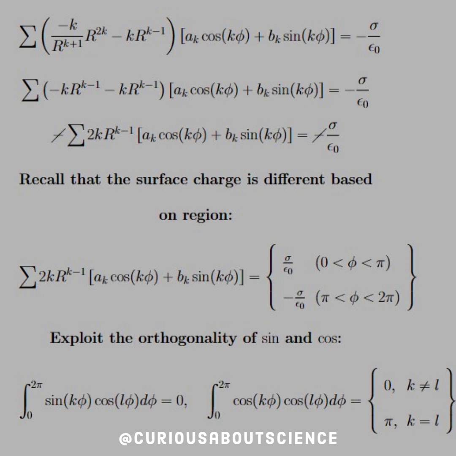Once we boil it all down from algebraic manipulations and factoring, we get to the point where we have a piecewise definition of the charge distribution, which was given in the original problem and can also be seen in the diagram. This still leaves us with the coefficients A_k and B_k left to be solved.